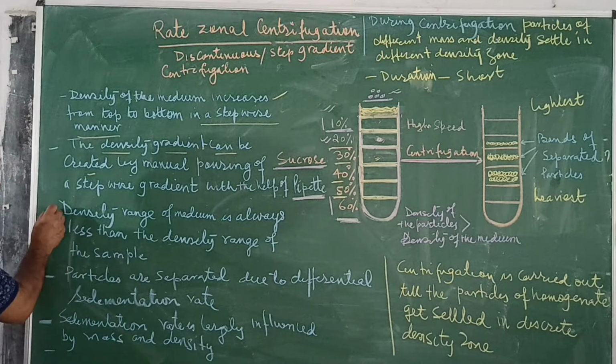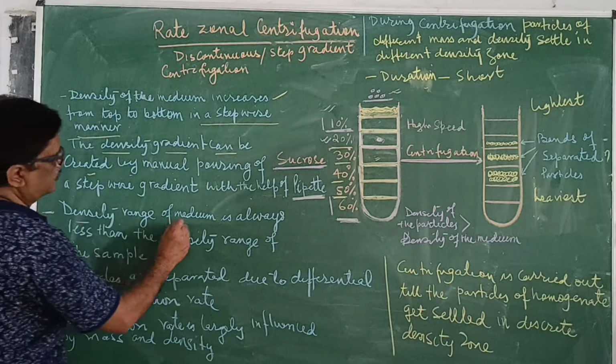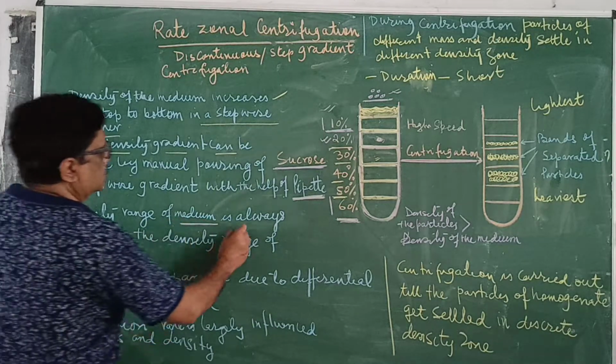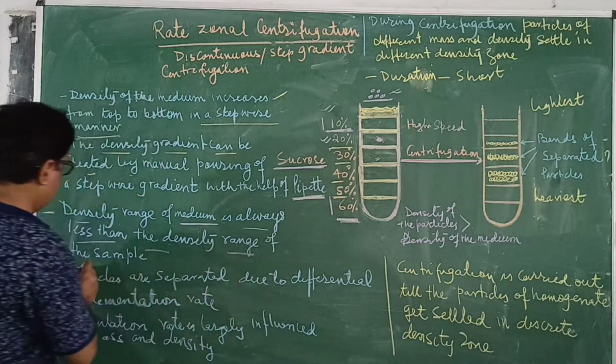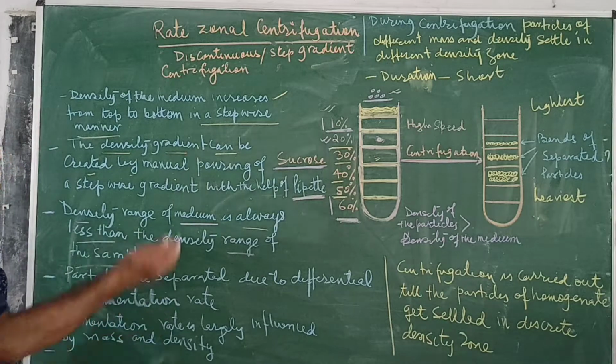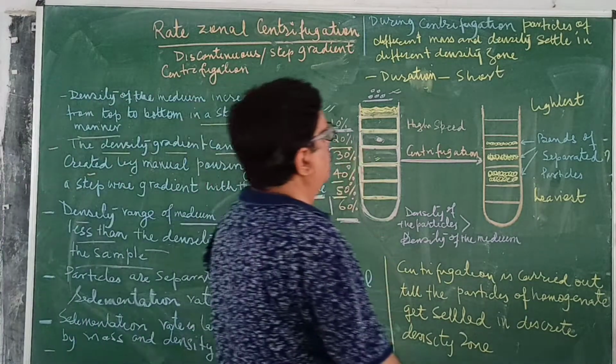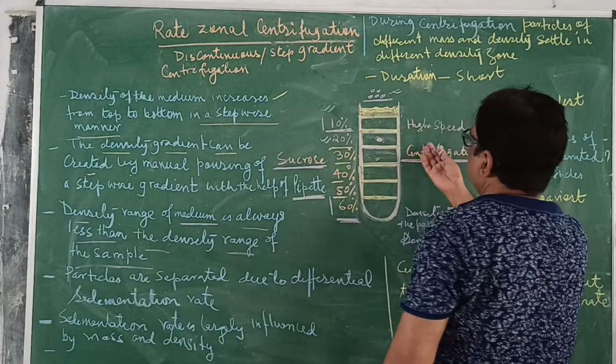And the third point is that the density range of the medium is always less than the density range of the sample. We have already discussed that.